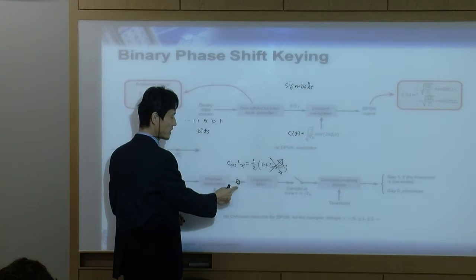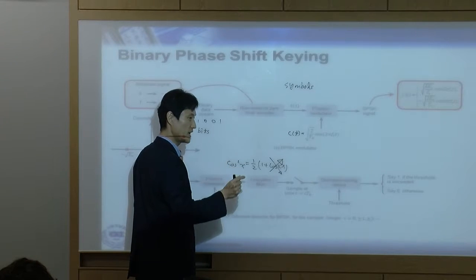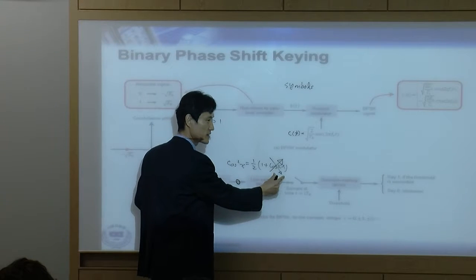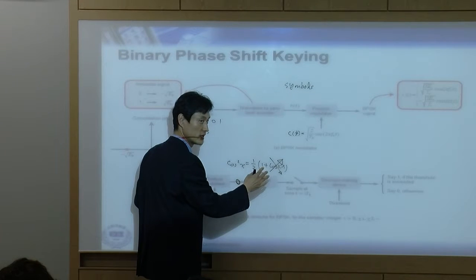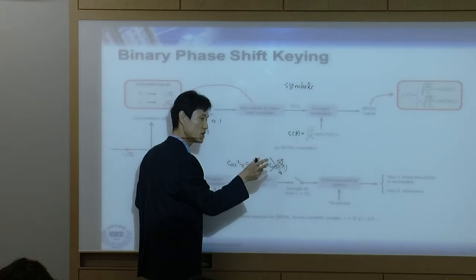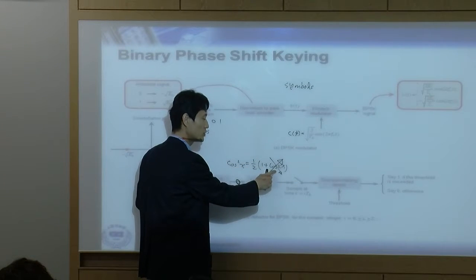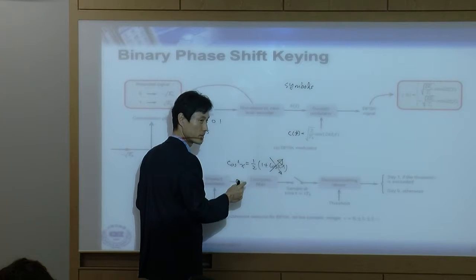Cosine square is actually the same as a DC plus high frequency. And what you want to get is the DC component. That's eventually what you want. You don't want to have high frequency. That's why you have a low pass filter every time.